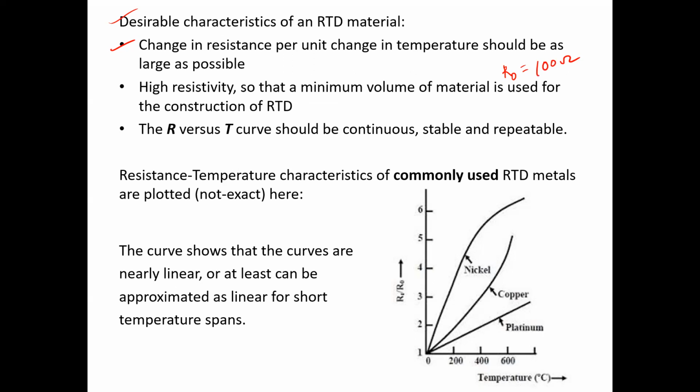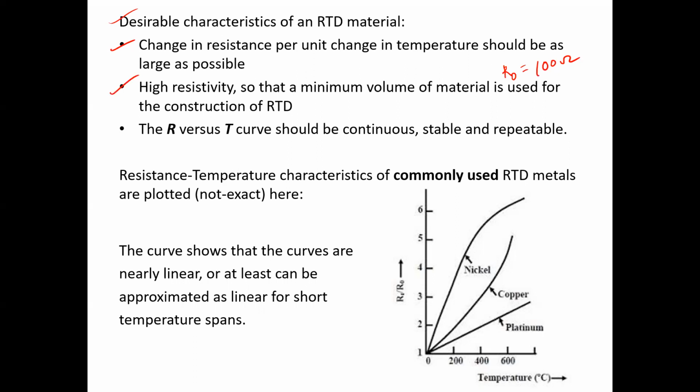So if a material has high resistivity, we can have this 100 ohms with a smaller volume of that particular material. But if the material has a low resistivity, then to have the same amount of resistance, a larger volume of the material will be required. So if a larger volume is required, then the size of the transducer will also increase. And if the same resistance can be obtained using a smaller volume, the size of the transducer can be reduced.